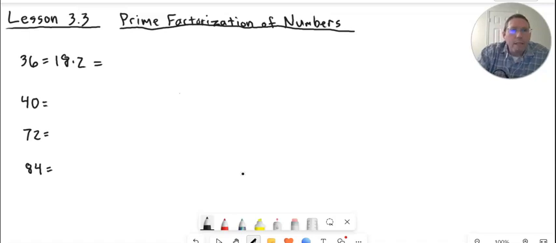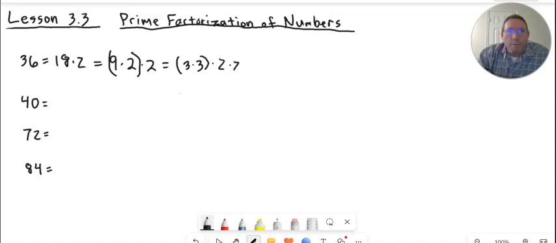Well, what is 18? 18 can also be divided by 2. 18 is the same thing as 9 times 2, and then we'll put that times 2 on there. See that? This is 18, so this is 18 times 2. Now we can break up the 9. We know that 9 is 3 times 3, right? So we can do 9 is 3 times 3, okay? And then we have times 2 times 2.